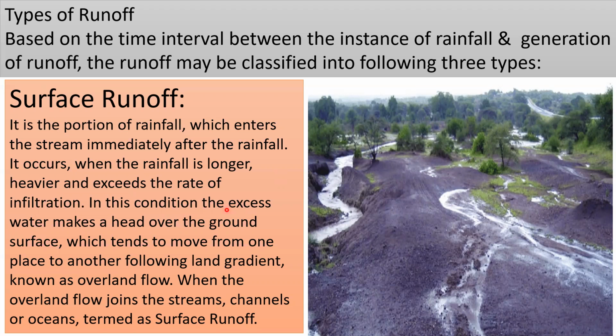In this condition, the excess water makes a head over the ground surface, which tends to move from one place to another following the land gradient, that is, following the slope of the land, known as overland flow. When the overland flow joins the streams, channels, or oceans, it is termed surface runoff. So surface runoff happens when there is continuous and heavy rainfall that exceeds the infiltration rate.